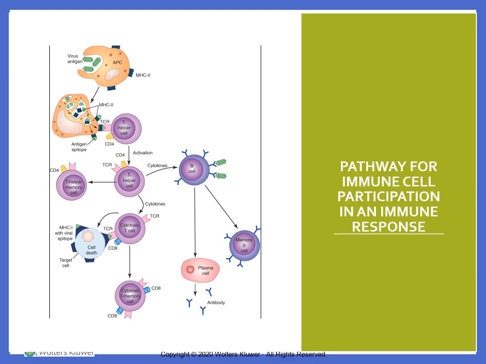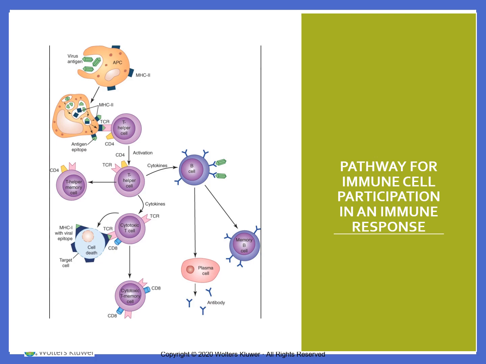So this is just another pictorial description of that pathway for immune cell participation in the immune response. Up at the top, you see an APC, right? Probably some kind of phagocytic neutrophil, and it has engulfed and presented an antigen on its surface on that MHC. So here we have the cell fully engulfed in antigen. These little particles then attach themselves to those surface MHC2 molecules, and that attachment allows our T helper cells to bind to that receptor and then become activated, okay?